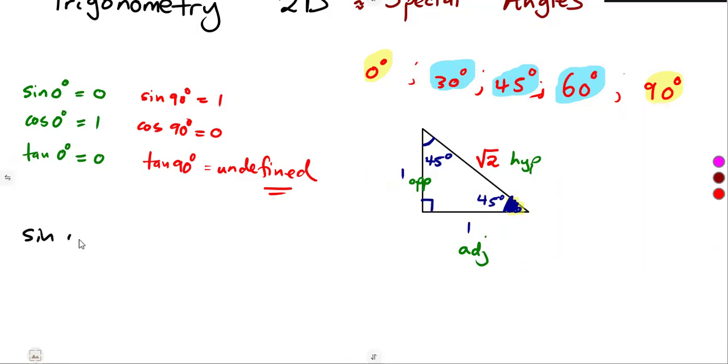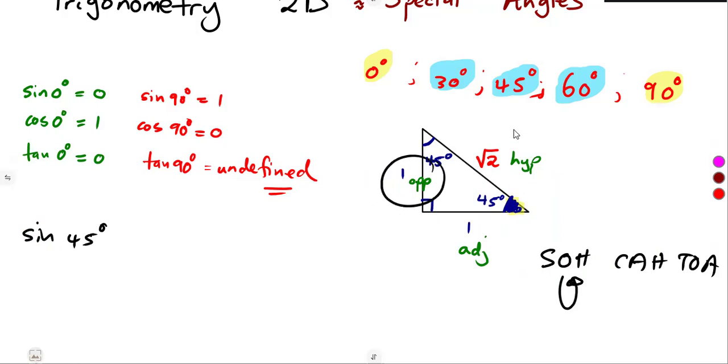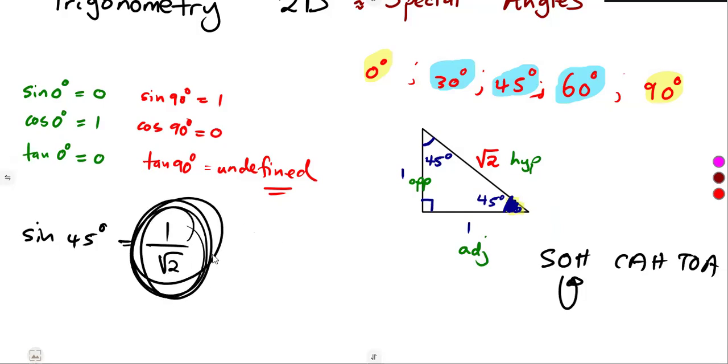The sine of 45 degrees, from the ratio of sine, remember that part of our SOHCAHTOA, sine is opposite over what? Hypotenuse. Opposite over hypotenuse, which is 1 over the square root of 2, which can be simplified from our surds.